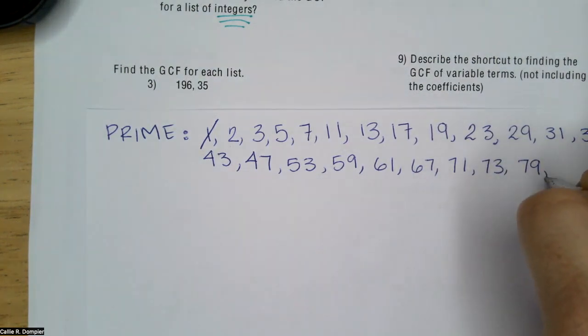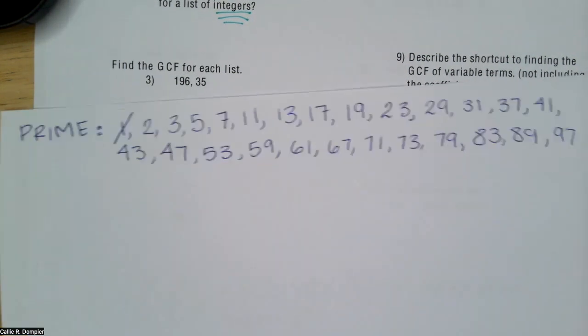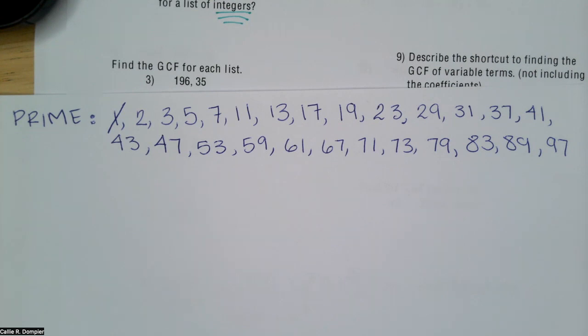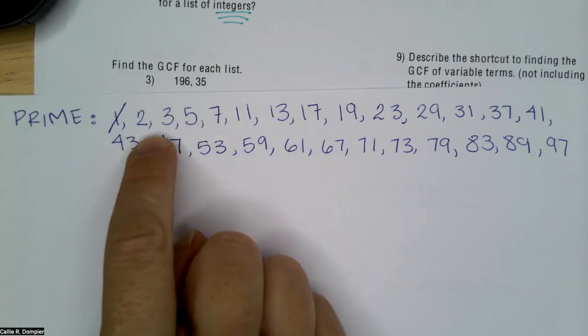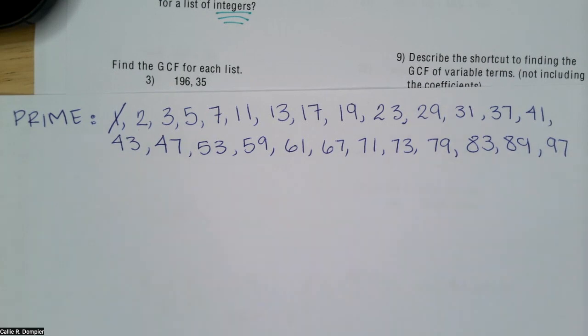Again, this is still from Google. All right, those are the prime numbers under 100. You can make the list of prime numbers, and then take 196 and start dividing it by prime numbers. You can start at 2, not with 1, because 1's not a prime number. You can start at the top closest to the number you're starting with, 196, or you can just start with what you know 196 is divisible by.